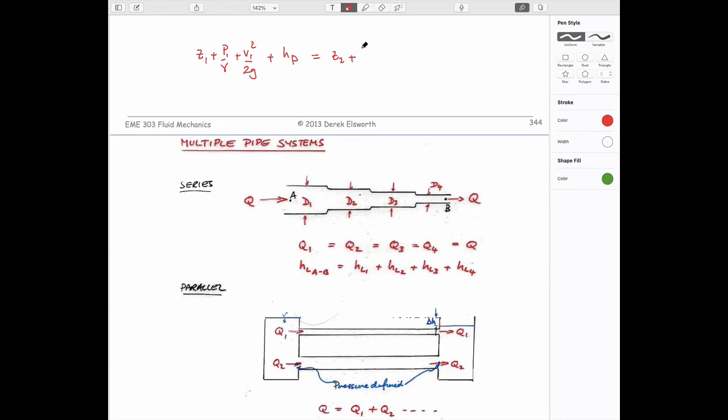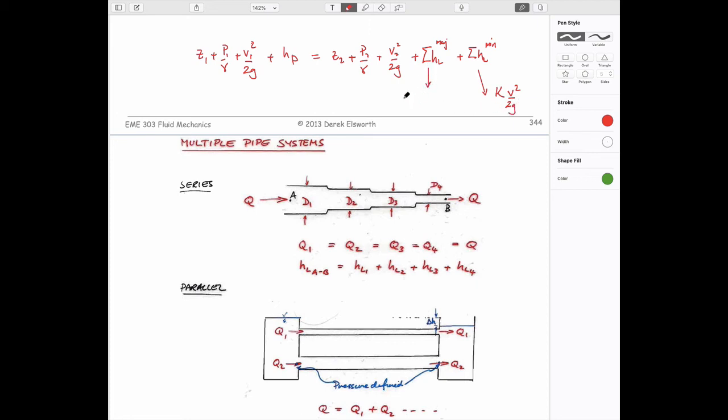Downstream: pressure head, elevation head, and velocity head, plus the sum of the head losses, both major head losses and minor head losses. We know the form of these, we've seen them many times. Minor losses use some coefficient, because we usually assume that the flow is turbulent in the fixture or fitting.